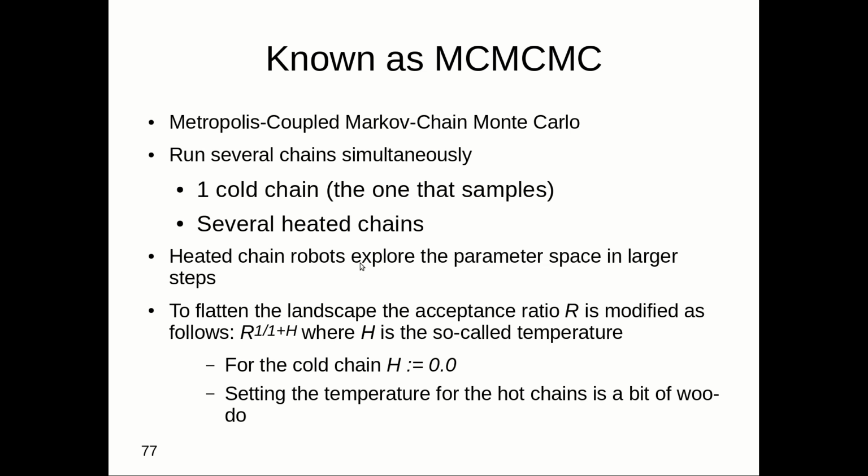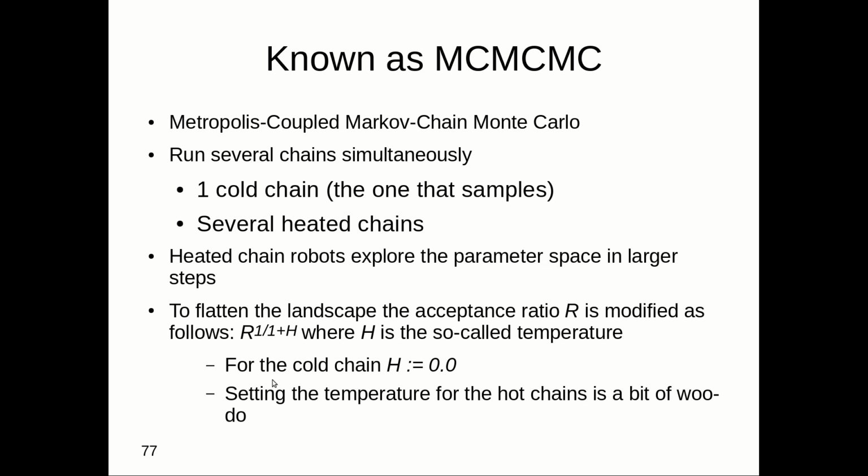To flatten the landscape, the acceptance ratio R is modified as follows: we calculate R to the power of 1 over 1 plus H, where H is the so-called temperature. Evidently, for the cold chain, we set the temperature to 0. How we set the temperature for the hot chains is a bit of voodoo, right? It's a lot of experimentation to see how that works.